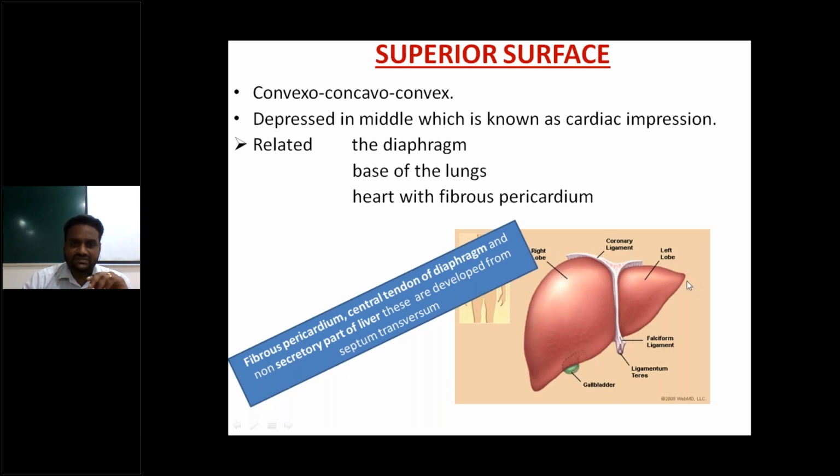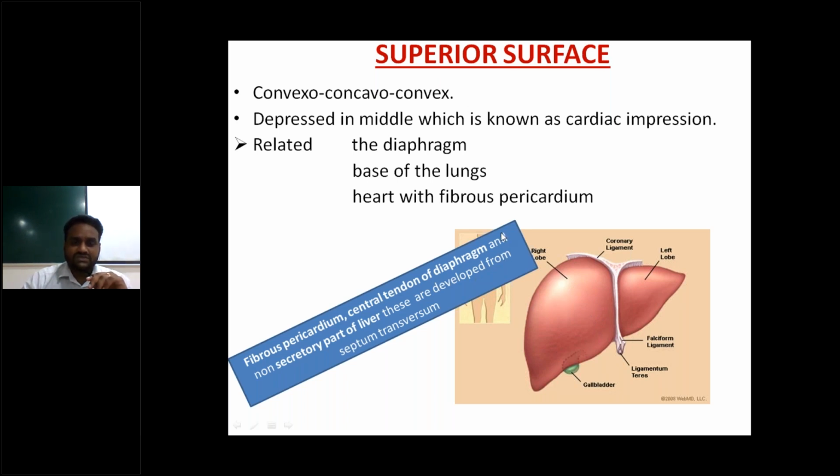In the middle you can see the depression related to the cardiac impression. This surface is related to the diaphragm, base of lungs, and heart with the fibrous pericardium. So right and left domes of the diaphragm, fibrous pericardium, and above the diaphragm we can see relations of the lung. This is about the superior surface.